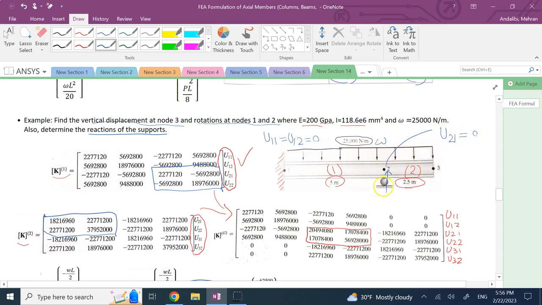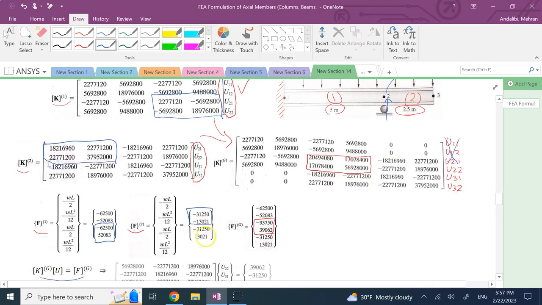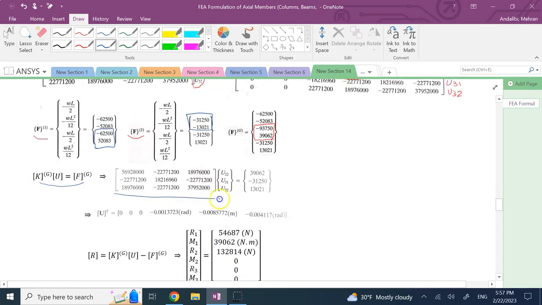At the roller, you don't move up and down, but you can rotate. So U11, U12, and U21, the first 3, are all 0. So all we need is the bottom 3. All we need is the bottom portion of the K and the bottom portion of the F, and this is exactly that part. And if you solve for the 3 U's, these are the 3 U's that you'll find.